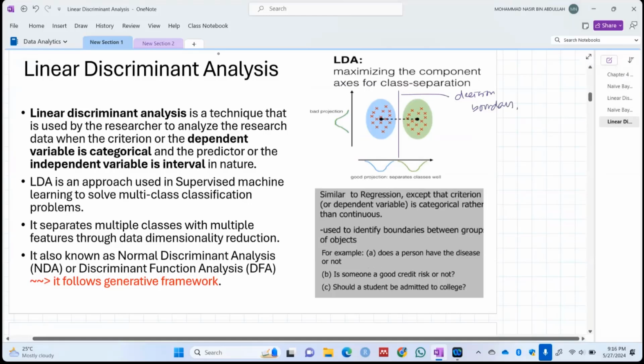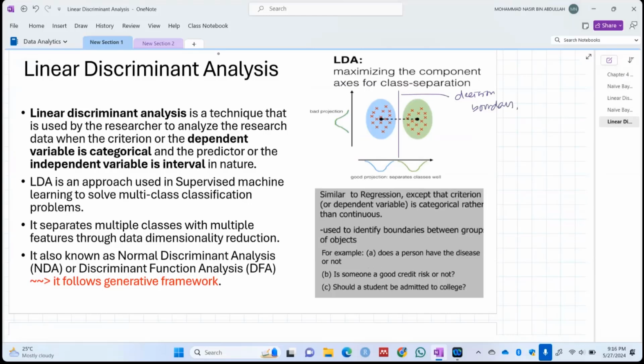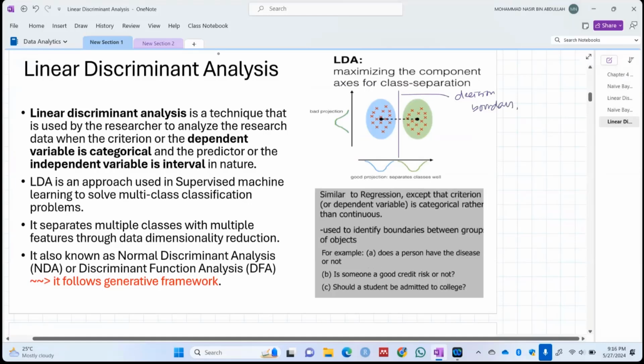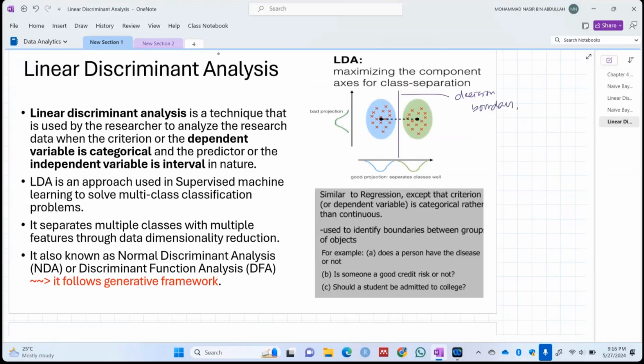When the probability is more than 0.5, we classify y equal to 1. When the probability is less than 0.5, we classify y equal to 0. That is our decision rule for classifying data. Right.